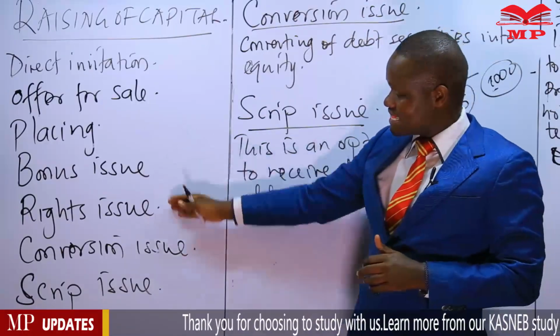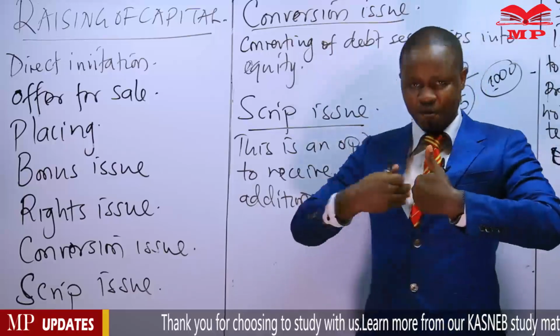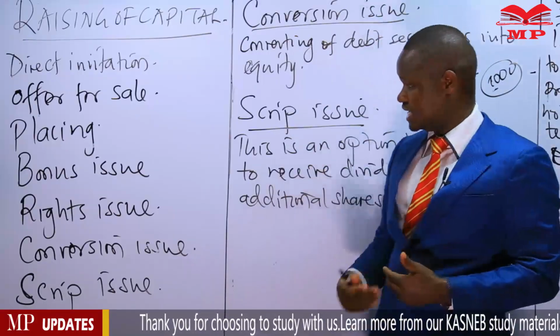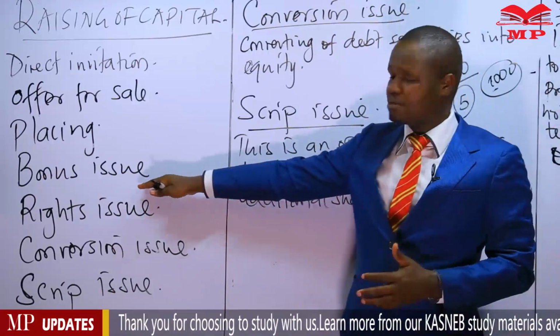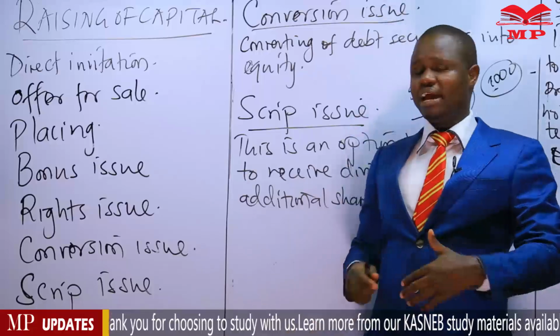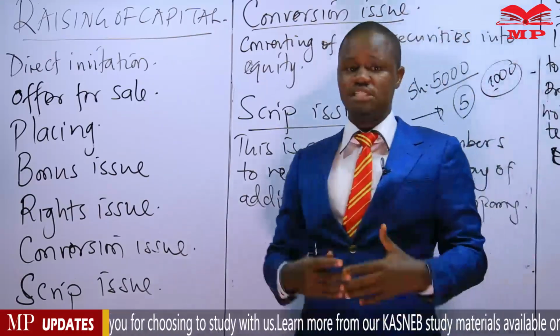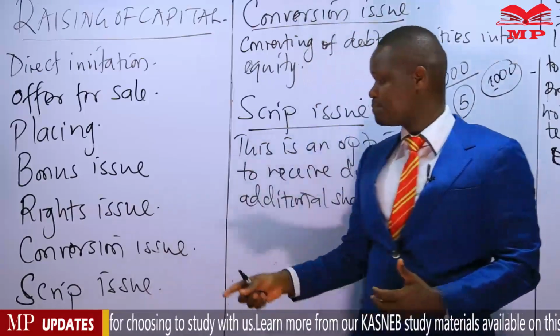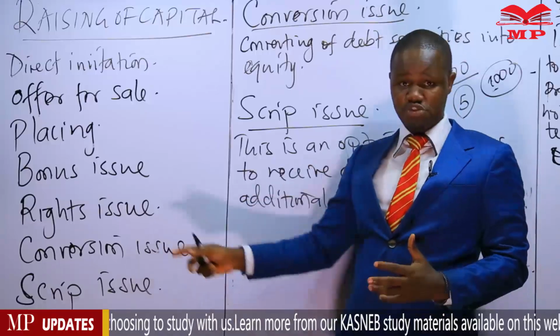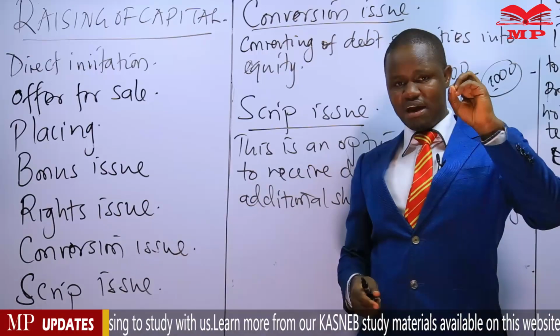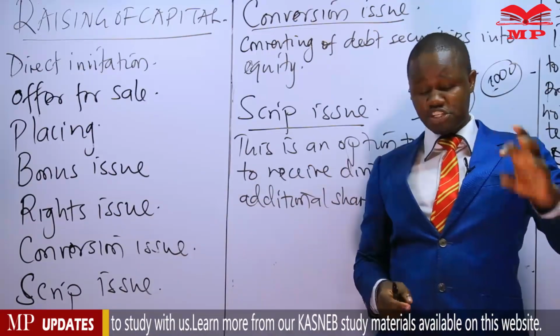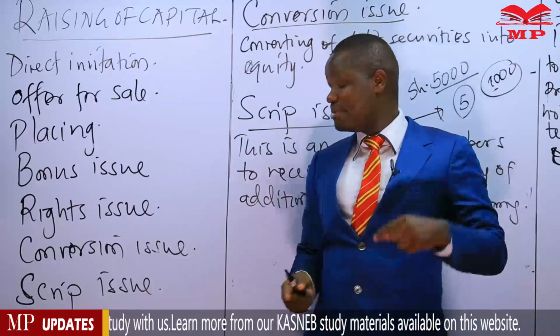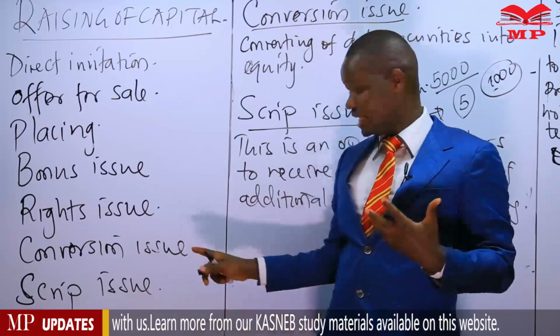Then we have seen these other methods where we are looking inwards. We are looking at internal sources, where the company can possibly do a bonus issue by offering members additional shares for no direct consideration. We have also seen a rights issue being a possibility, where we are offering additional shares to members, but this time round at a preferential rate.